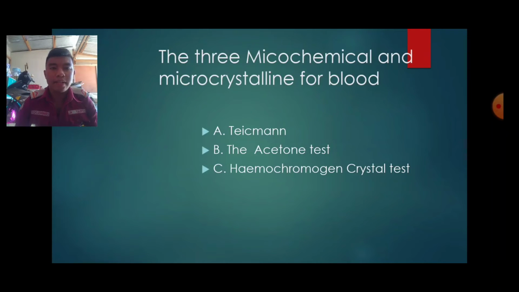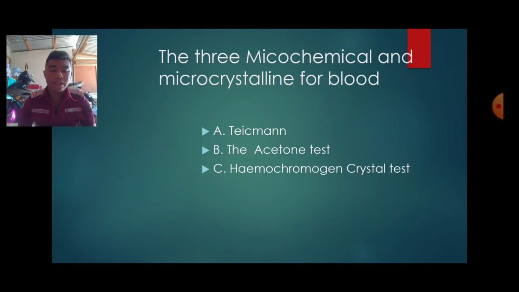The Teichmann test is the confirmatory test for blood based on the formation of distinctive hematin crystals that are viewed under a microscope.